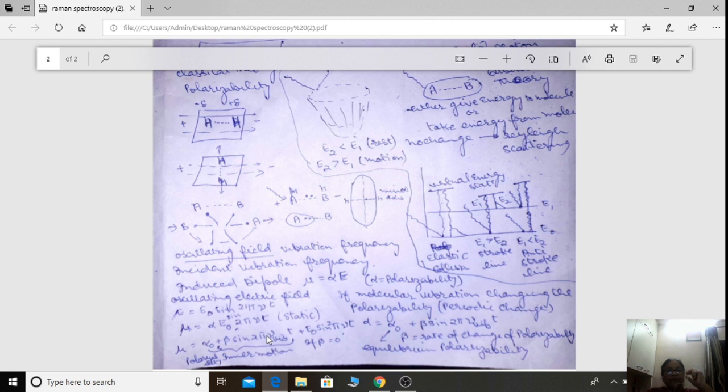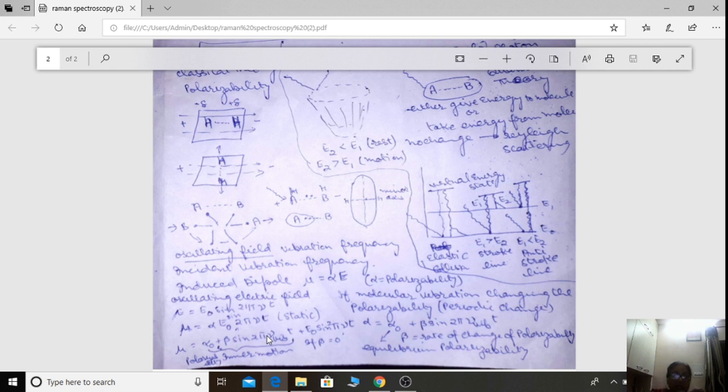Suppose the oscillating electric field has the same frequency at which the molecule vibrates. Then there is no change in the oscillatory frequency of the molecule. It simply oscillates. So in this case, beta will be 0, and the induced dipole moment comes out to be the same as the incident radiation.